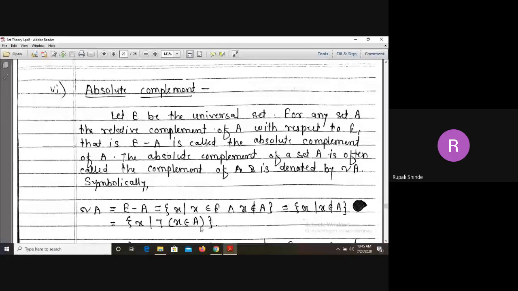Okay. So what is the meaning of E minus A? That is the absolute complement.